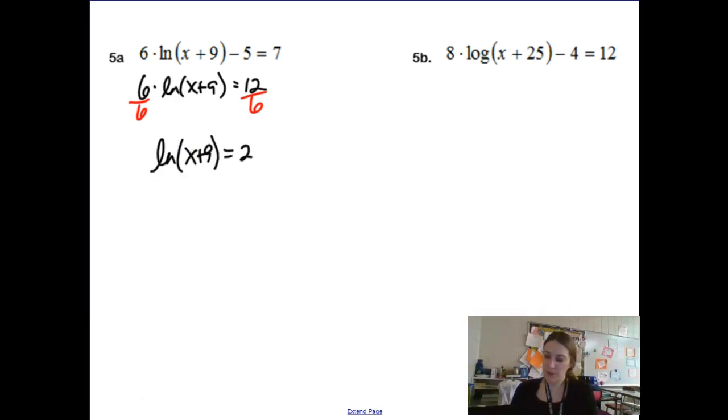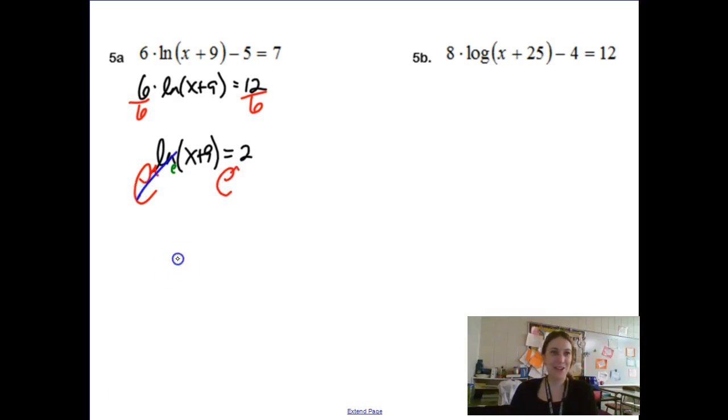And remember, if you forget what the bases are for natural log or common log, on your calculator's keypad it tells you what the bases are because they're right above the buttons written in blue. So natural log has an e to the x power in the calculator's keypad written above it, so that means this is a logarithm base e. So you shove an e underneath both sides of the equation here.